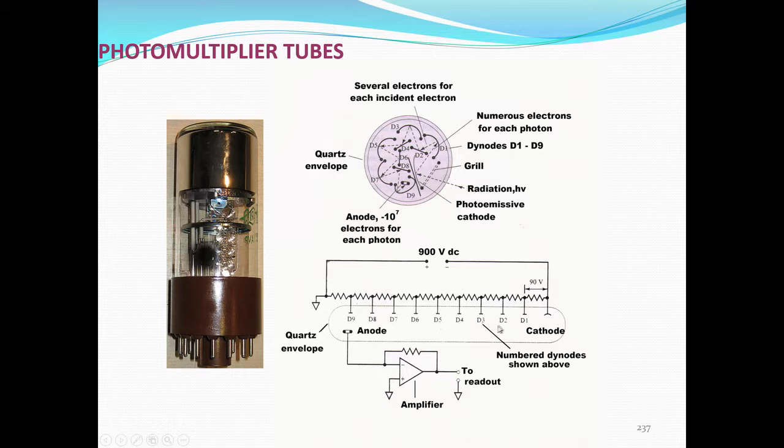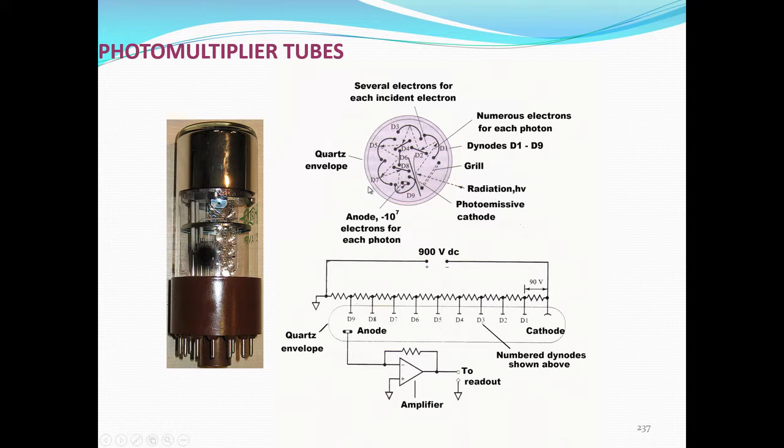The anode will collect the electrons, and these collected electrons are again sent back to another electrode. There is another anode which is at higher potential. So, this generates more electrons, and then it goes to D3, then again it comes back, then it goes to D4, D5, like that several anodes maintained at different voltages.